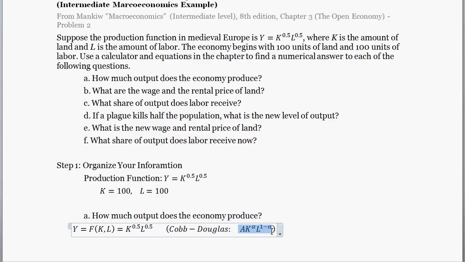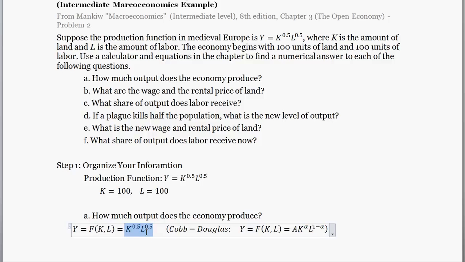You have technology here, that's A. K for capital is raised to this alpha, and then L is raised to 1 minus alpha. So the exponents above the two factors, K and L, are going to sum to 1 in a Cobb-Douglas.